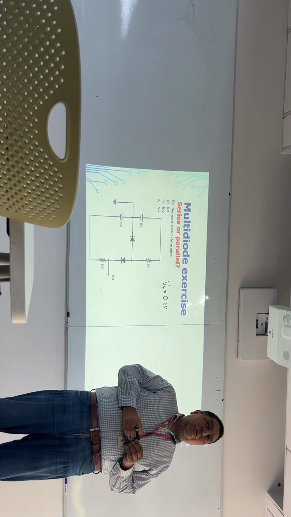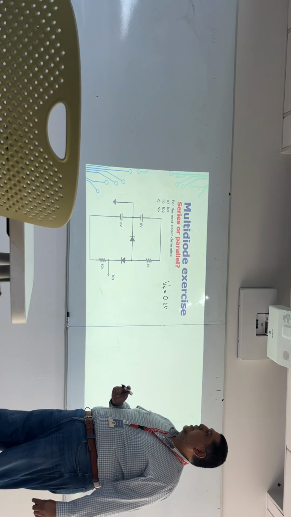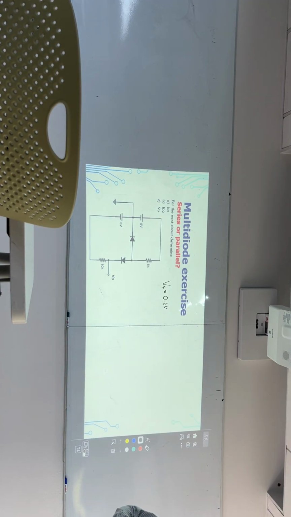Okay, I'm going to show you how to redraw the circuit, just in case you want to do that. Now the question is: what is the largest, the highest voltage? Here, 5.